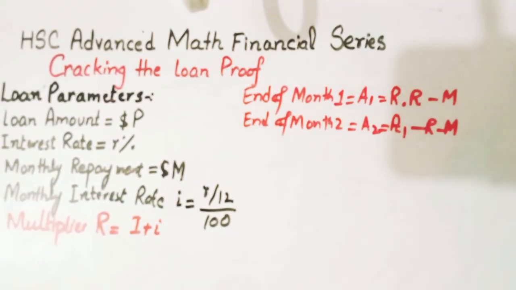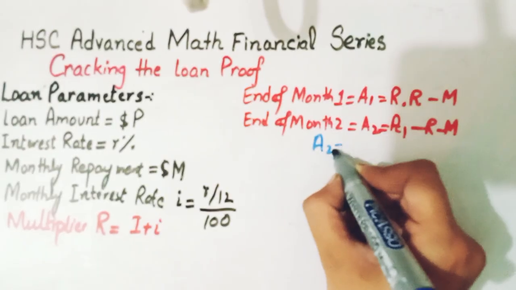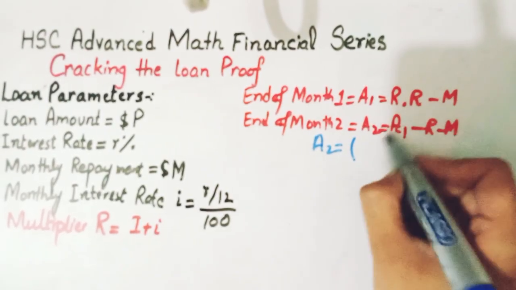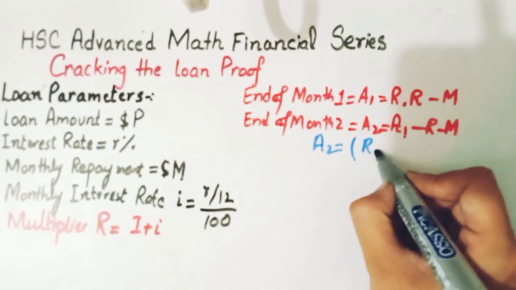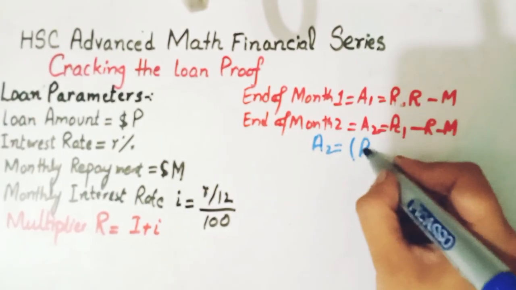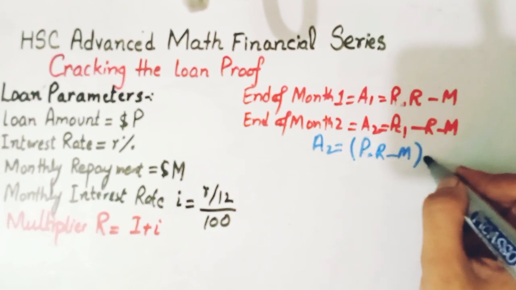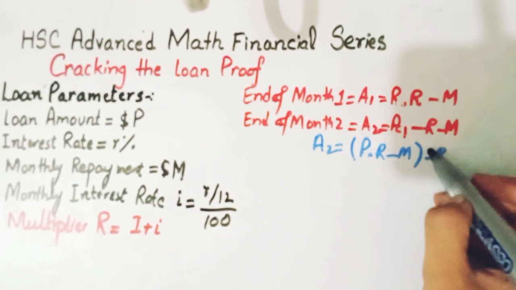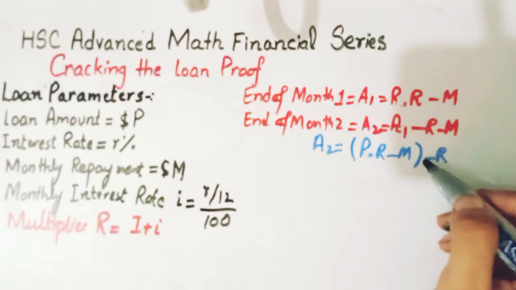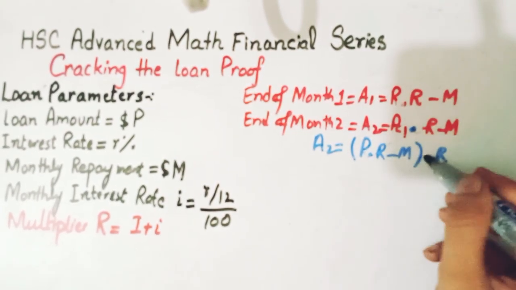Now substitute here the value of A1. So A2 equals, in place of A1 we will write P R minus M, multiplied by R, minus M. We have substituted this value.